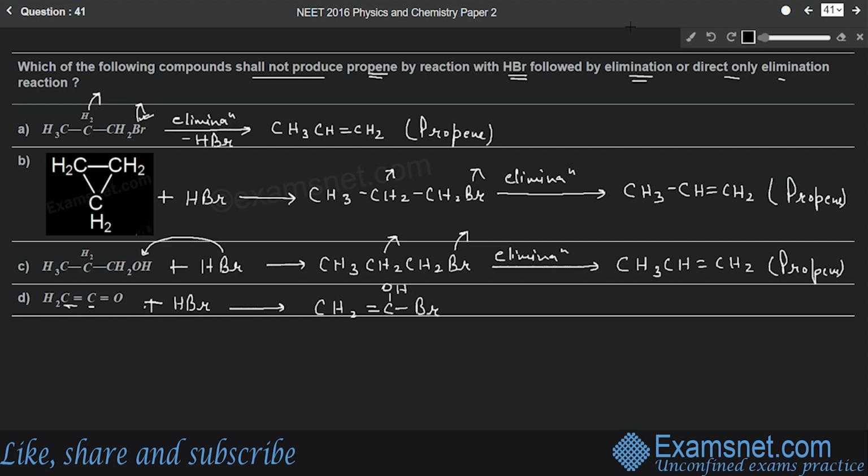Now this is the enol form, but its keto form is more stable, so it will undergo tautomerization to give its stable keto form, and that will be CH3 C double bond O and here Br. But no further reaction will take place. This is the final product. That means no propene is obtained in this case. So the correct answer will be option D. It does not produce propene.